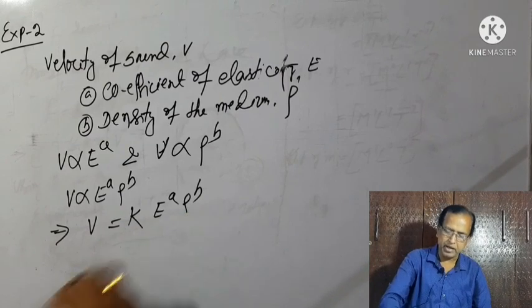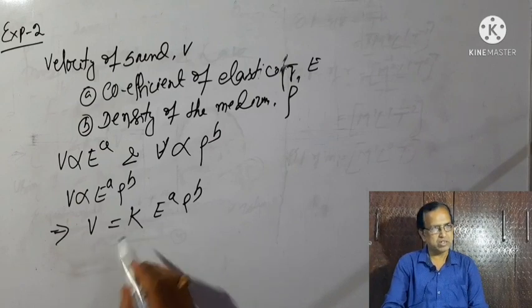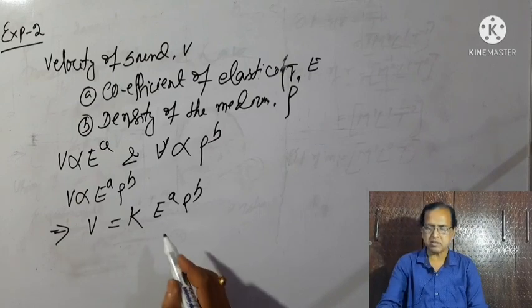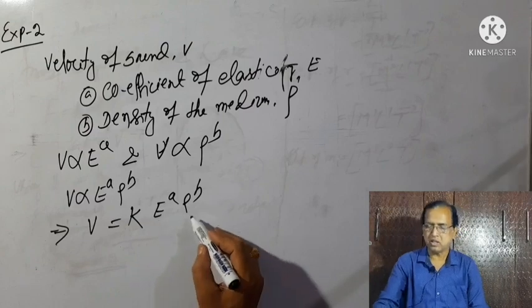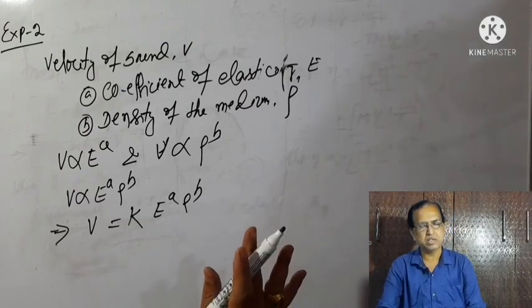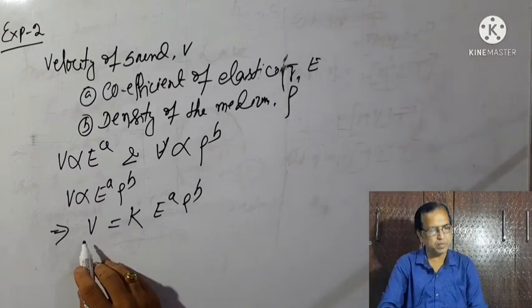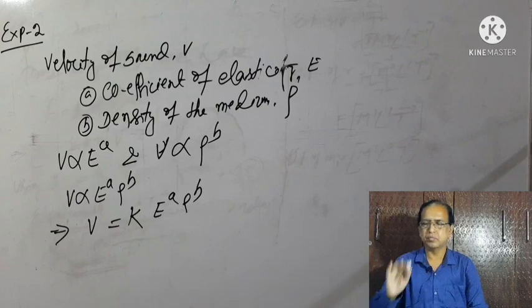Here V is the velocity, k is a constant which is also dimensionless, E is the coefficient of elasticity, rho is the density of the medium, and a and b are dimensionless constants.